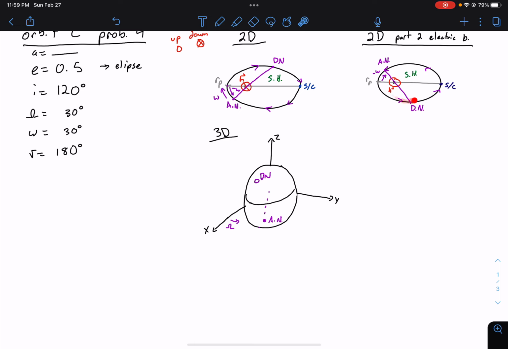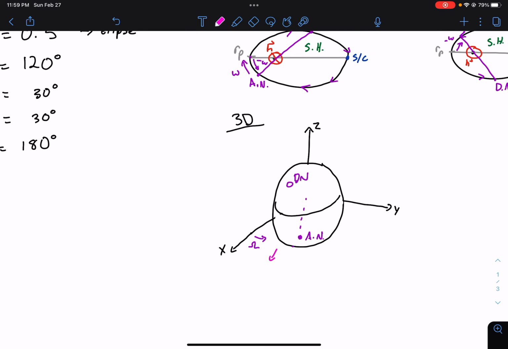Let's look at this one since we've been referencing it. The ascending node is here, and the descending node is here. This is looking down, and we can confirm that with our inclination where it's pointing down and in this direction. Okay, that makes sense.